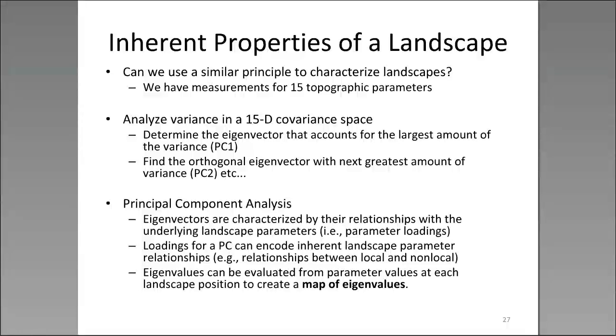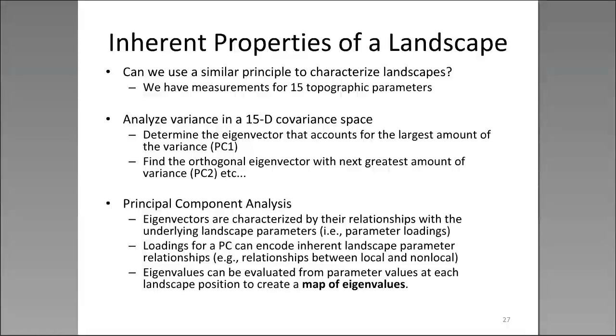So we have the 15 topographic parameters that we can extract from our DEM, and then we can analyze the variance in the 15-dimension covariance space that's formed by those parameters. First, we determine the eigenvector that accounts for the largest amount of variance, and we'll call that PC1.